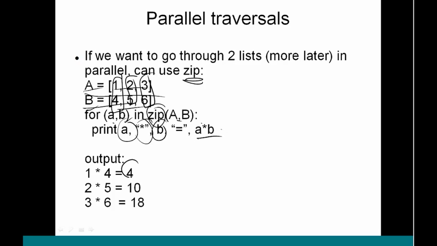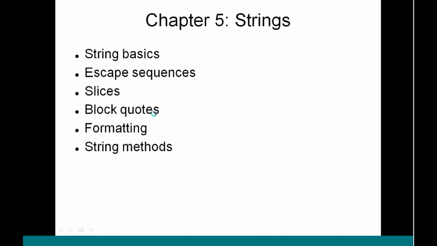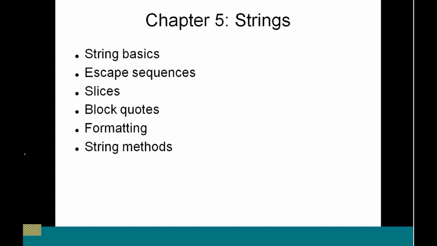So here the output is going to be 4, 10 and 18, because it's multiplying 1 times 4, then 2 times 5 and then 3 times 6. So that pretty much covers iterators and how we can perform iterations.